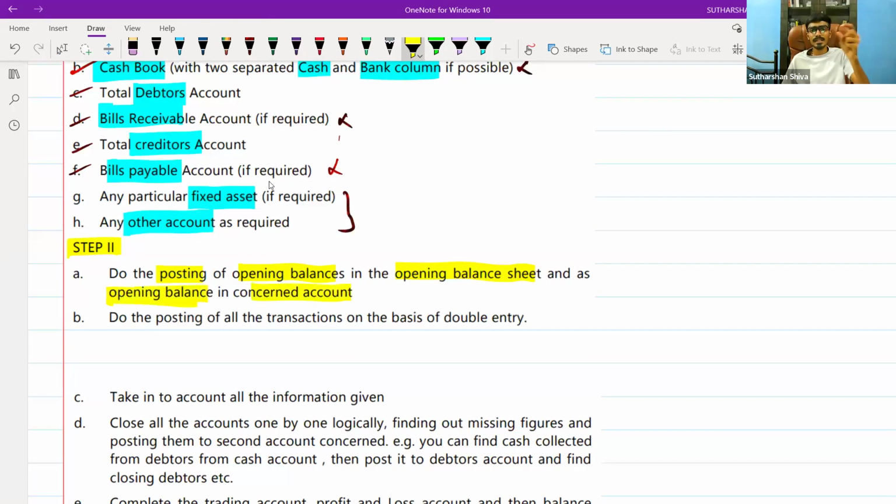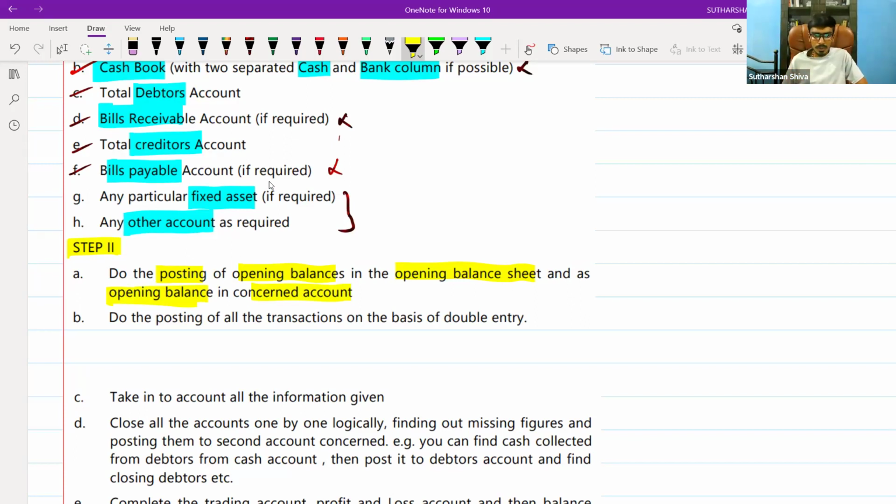Let's say you are taking the sundry debtors opening balance, post it in the opening balance sheet and then post it on the debit side of the total debtors. If bills receivable have a debit balance, post them on the debit side of the bills receivable account and then in the opening balance sheet on the asset side.